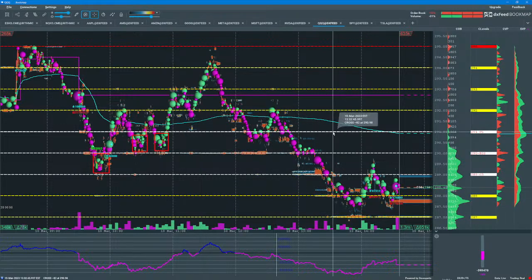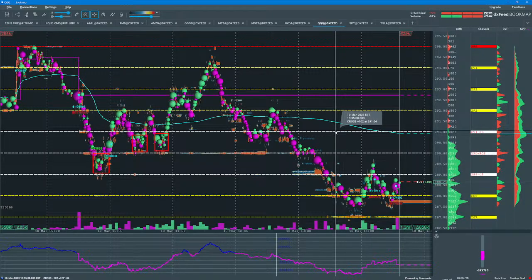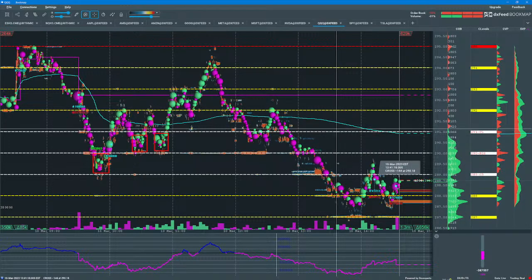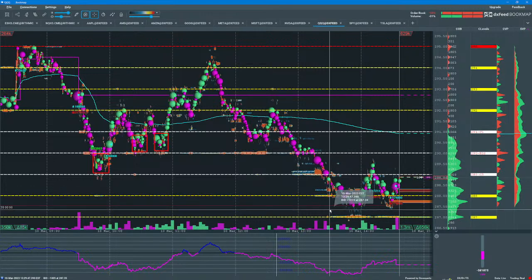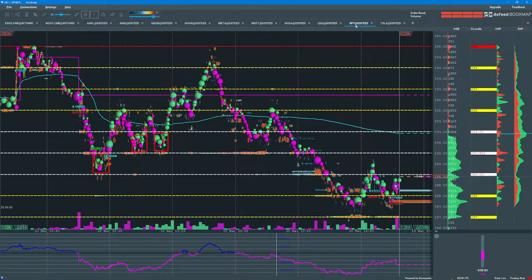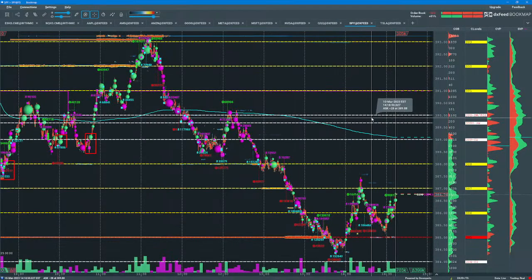And for some stocks, especially for QQQ and SPY, there's just a cloud of liquidity shown on the charts if you don't tone that down just to show the most important, the highest liquidity. So the same for SPY.